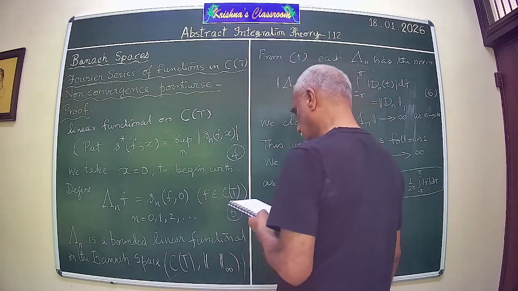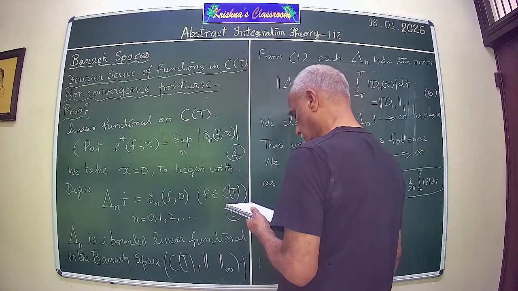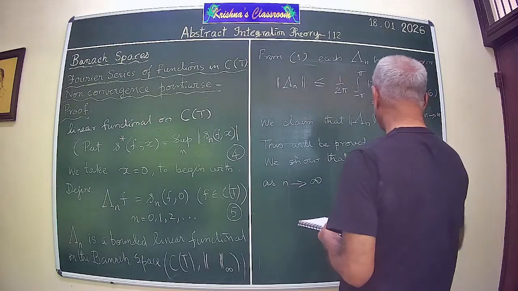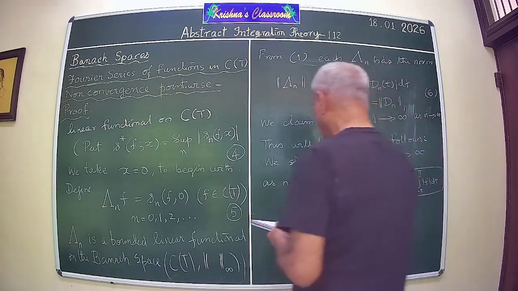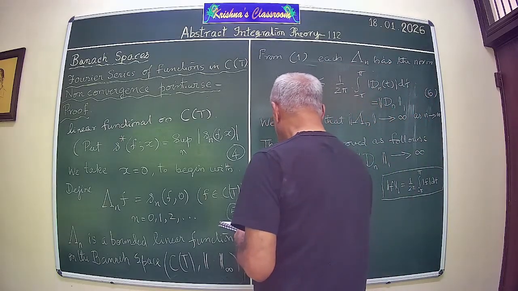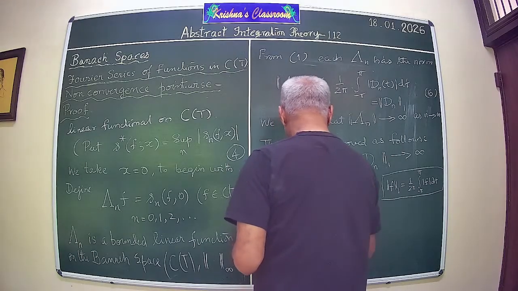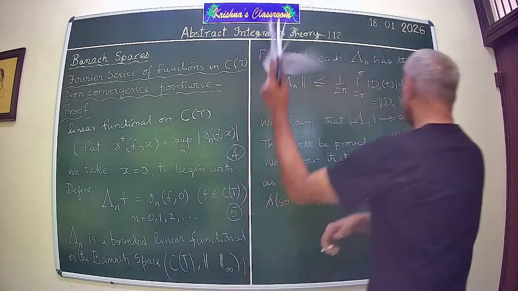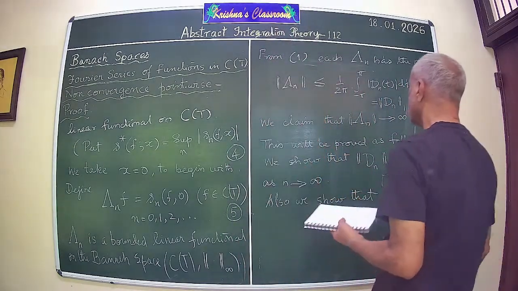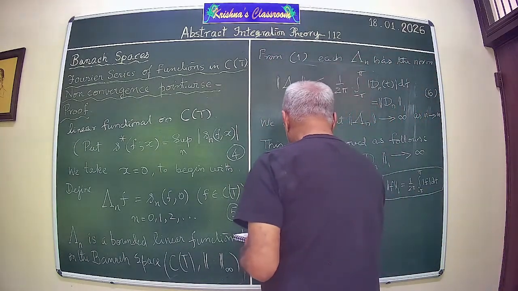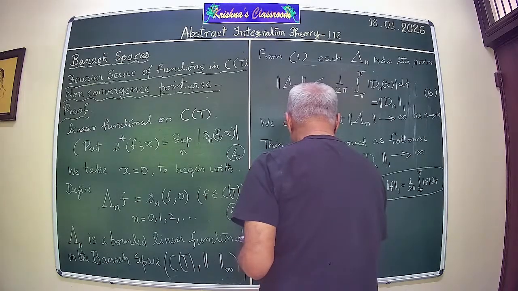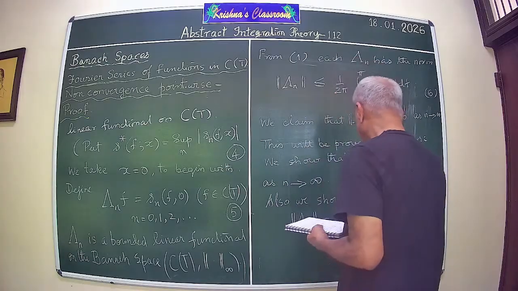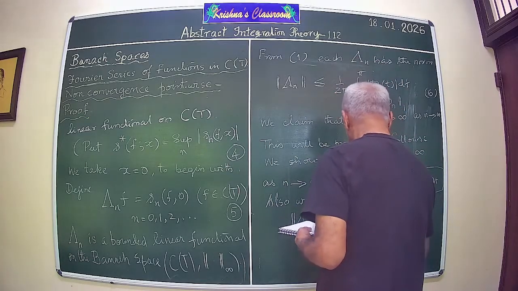Further, so this we prove, and then also we show that norm lambda n is in fact equal to norm of dn.